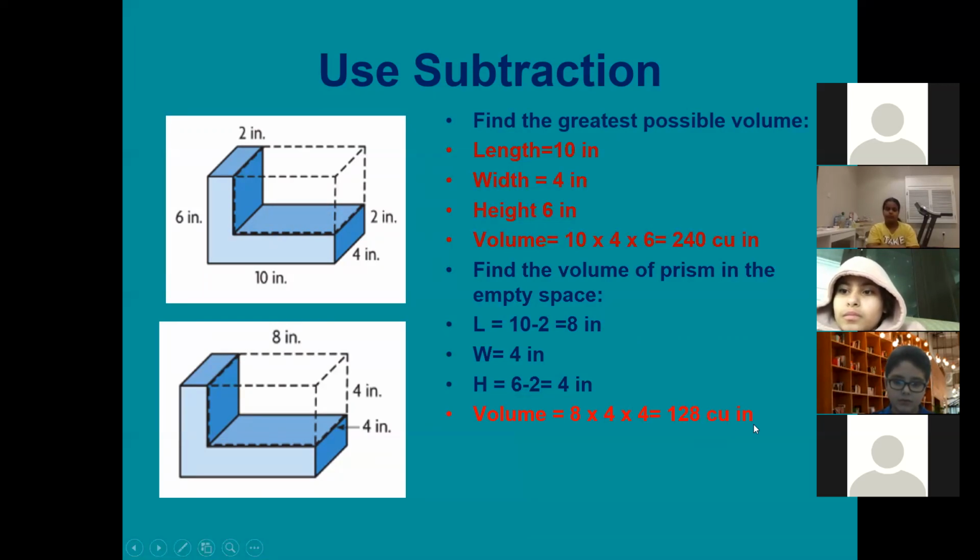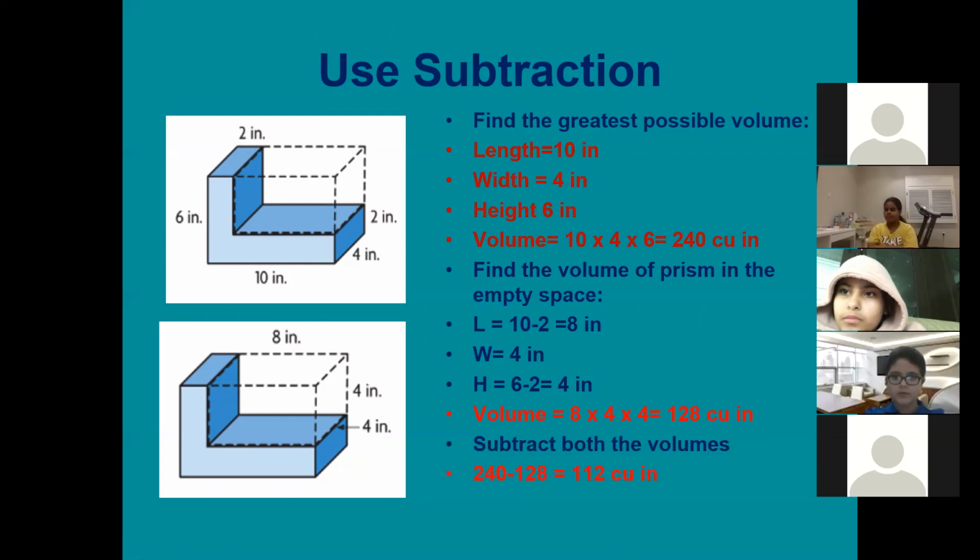Now you will subtract. The last method you added, but here you can subtract. So 240 minus 128. The answer is 112 cubic inches. See, the last one also you got the same, 32 plus 80, 112.